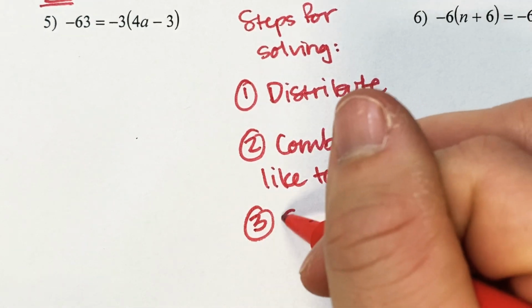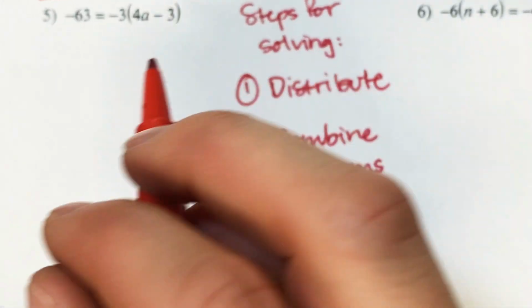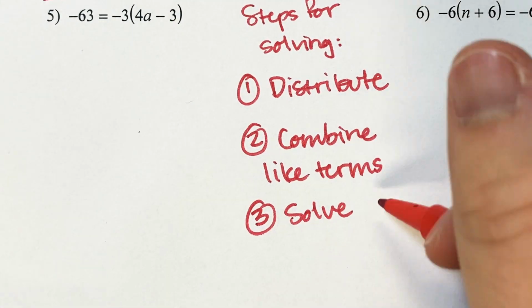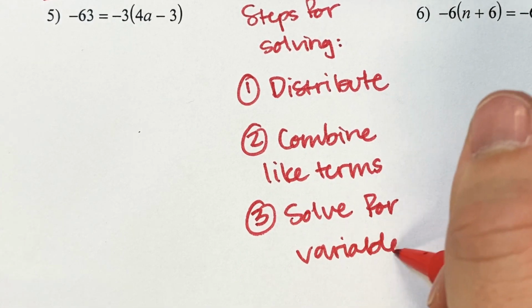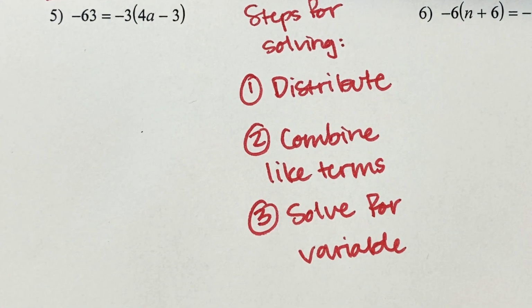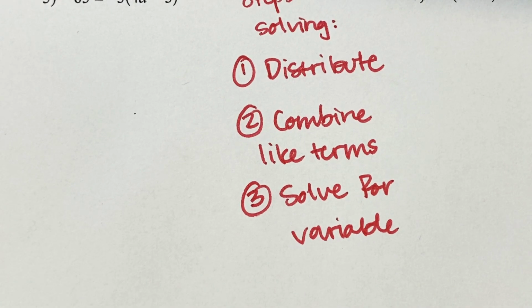And then our third step is going to be to solve, meaning get rid of things on both sides, right? Undo. Solve for the variable. Meaning you're getting rid of something so that the variable is all by itself on one side.